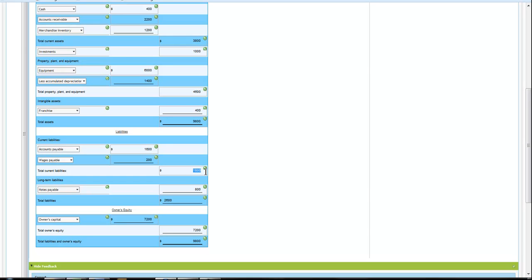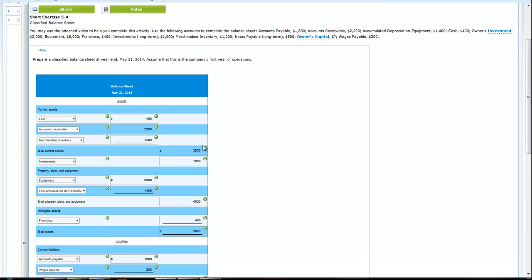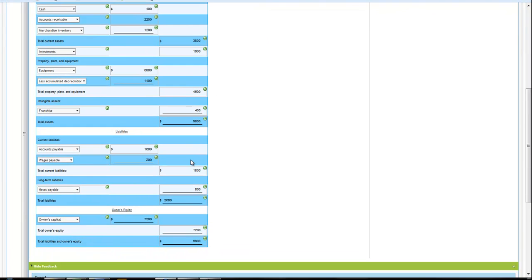We add those together and get total current liabilities of $1,800. Then our notes payable is long term, because if we scroll back up here, it says notes payable long term. Sometimes you have to pay attention to the timing it gives you to figure out where to classify it. In this situation, it told us it was long term and it was $800. So our total liabilities, current plus long term, is $2,600.